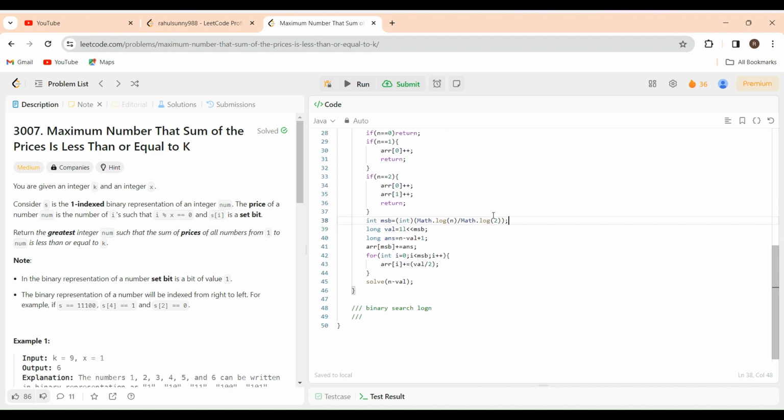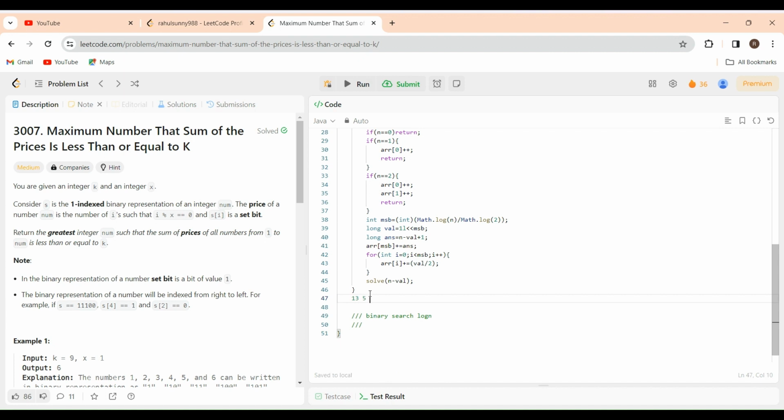For example, if you are considering 13 here, from 13 we go to 13 minus 8, that is 5.